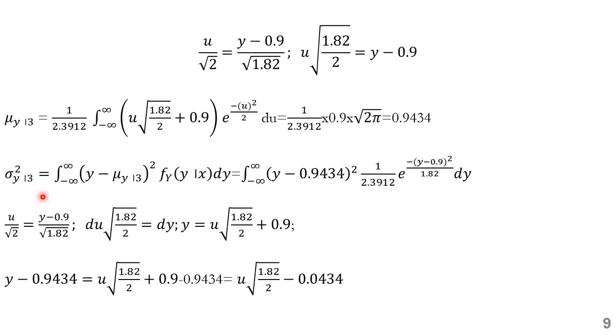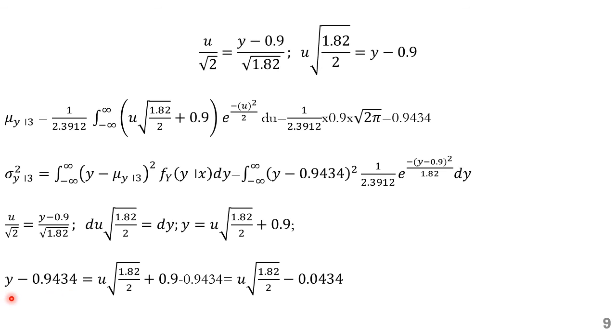Similarly, we can find the variance sigma square of y given 3, which is equal to integral of (y minus mu of y given 3) whole square f_Y(y given x) dy. So when you simplify this further by substituting u by root 2 is equal to y minus 0.9 by root of 1.82, du is equal to root of 1.82 by 2 dy. So we have y is equal to u into root of 1.82 by 2 plus 0.9.